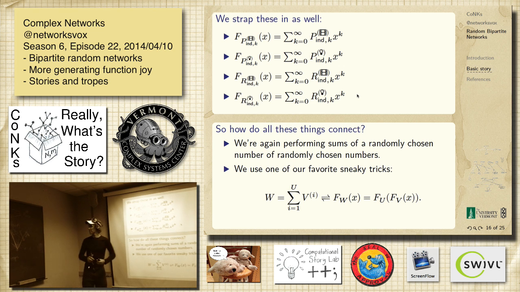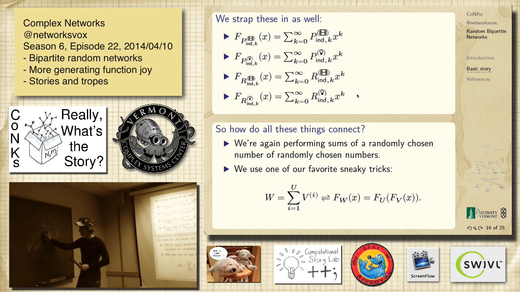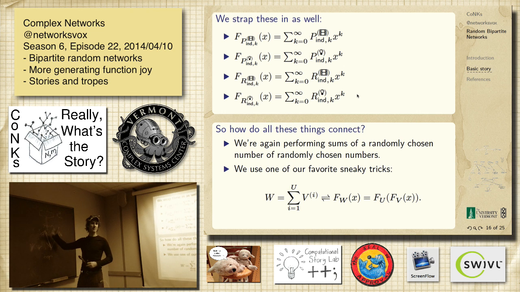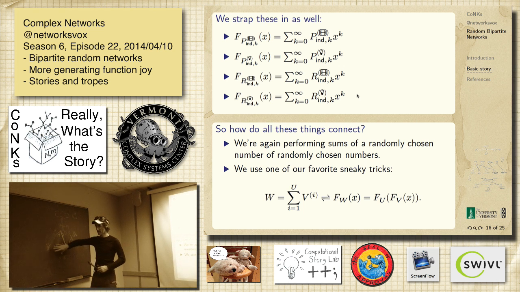Because it's the sort of thing where we're going to select this guy. It's going to have some degree, and then we want to add up the number of tropes, right? So if it's got 18 other tropes it's associated with, then we have to roll the special trope die 18 times and add that up.